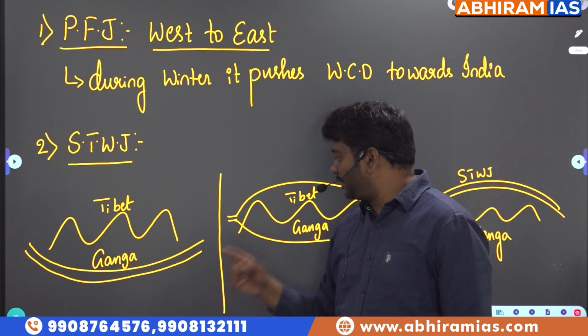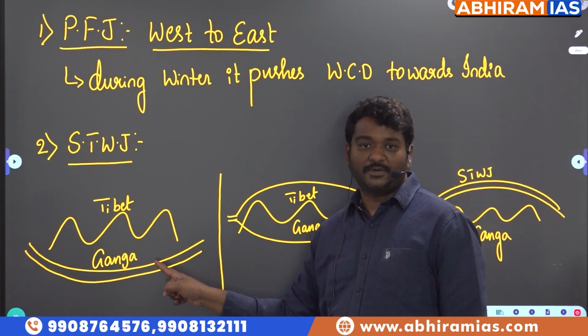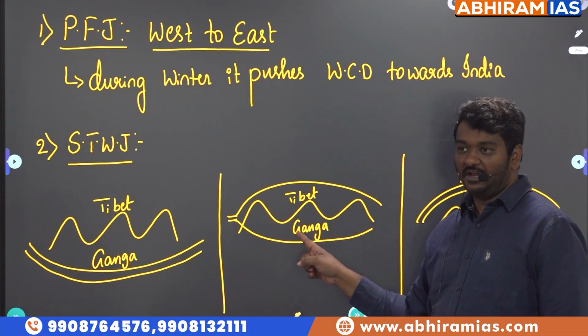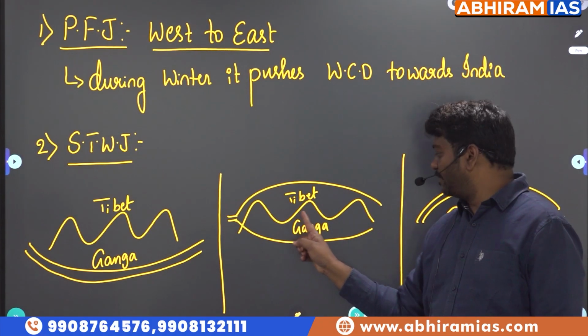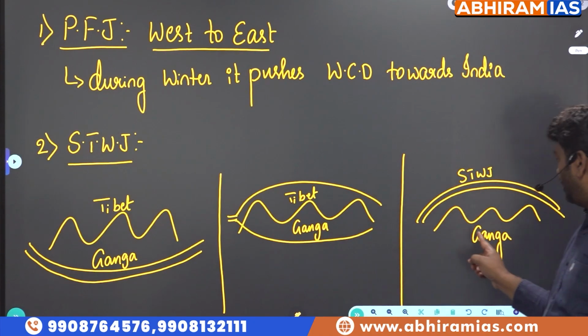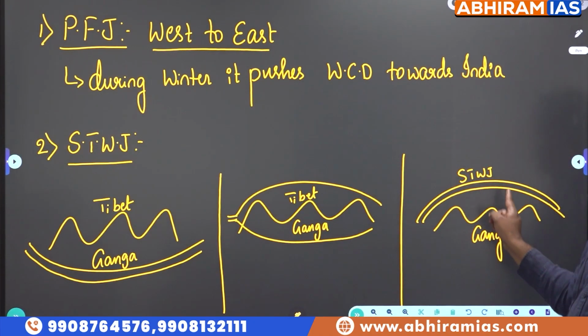First, subtropical westerly jet stream is over the Ganga basin. As the sun shifts, it also shifts. It hits the Himalayas. One branch is over the Ganga basin, another one is over Tibet. Again, it shifts beyond the Himalayas.